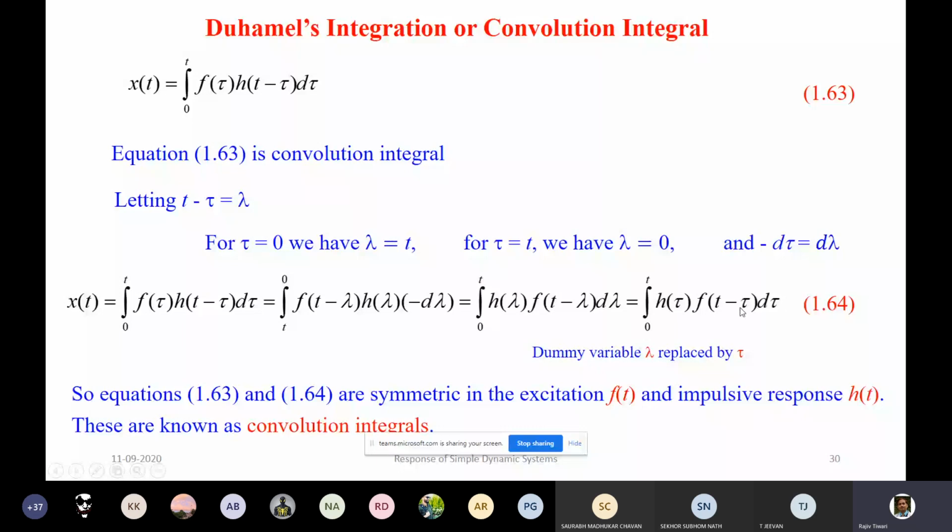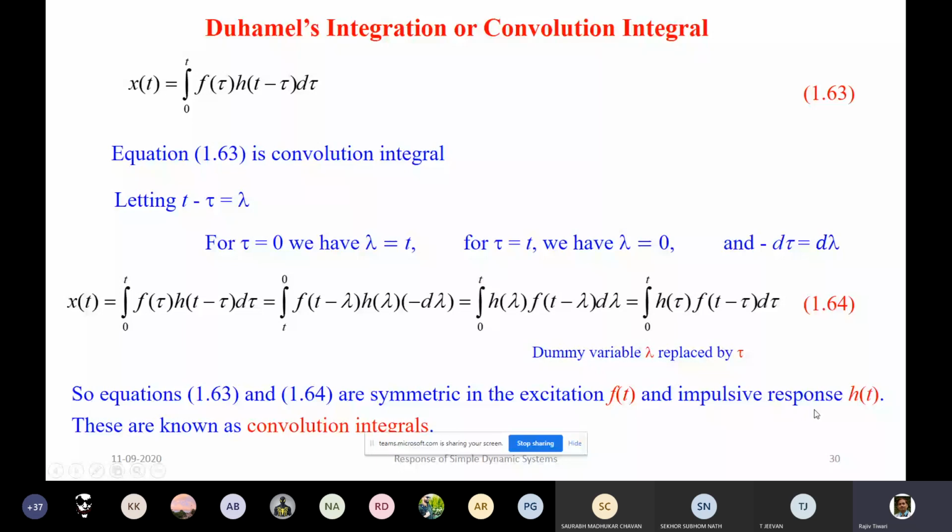So you can see we replace lambda with tau. So this is another form of the convolution integral. If we see this expression and the first expression, you'll see that they are symmetric in the excitation f(t) and the impulse response.